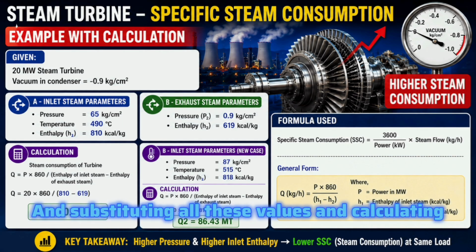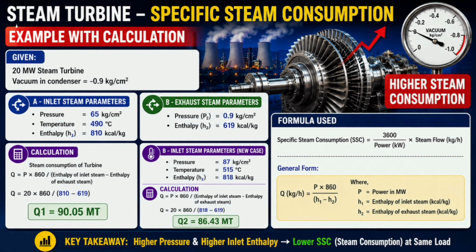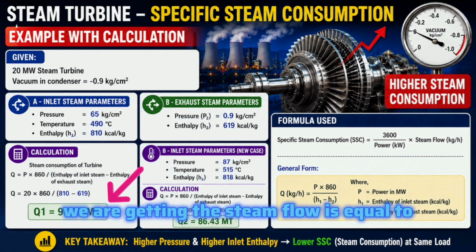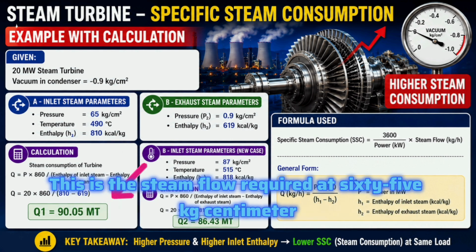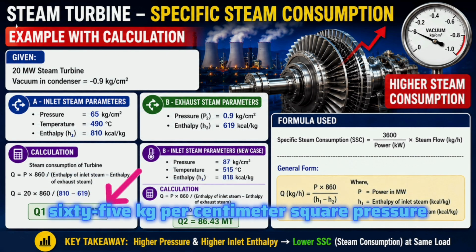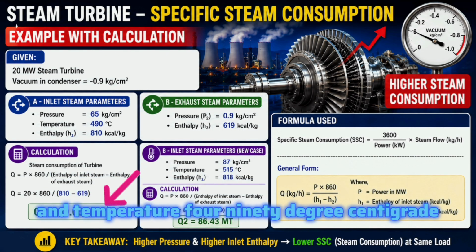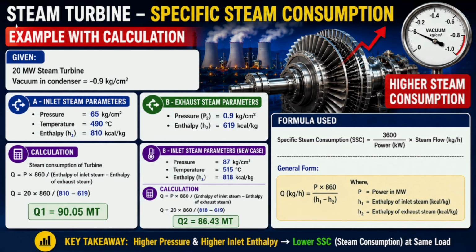Calculating, we get the steam flow equal to 90.05 metric tons. This is the steam flow required at 65 kg per centimeter square pressure and temperature 490 degrees centigrade.